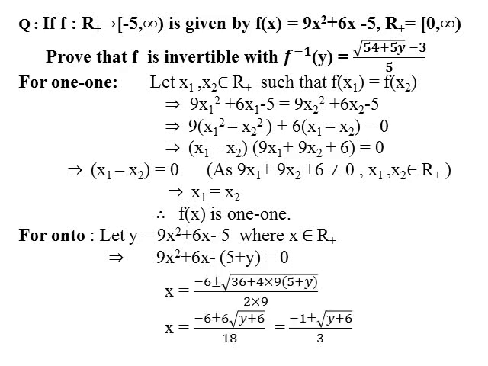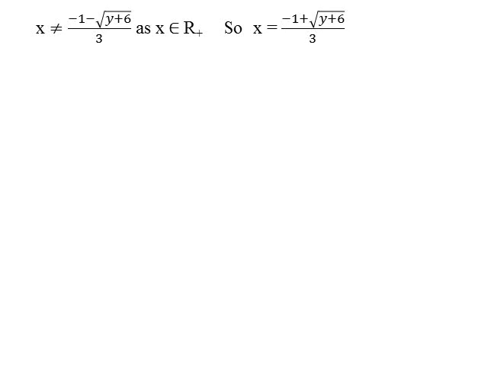So using the quadratic formula, we calculate the value of x in terms of y, and here x equals minus 1 plus minus under the root y plus 6, upon 3. Here x is not equal to minus 1 minus square root of y plus 6 upon 3, as x belongs to R plus. So x equals minus 1 plus square root of y plus 6 upon 3.